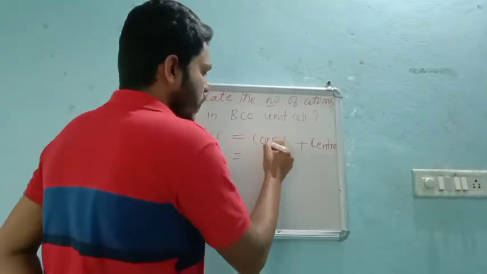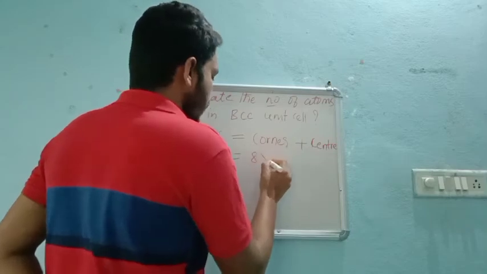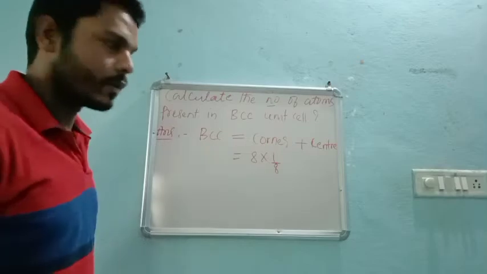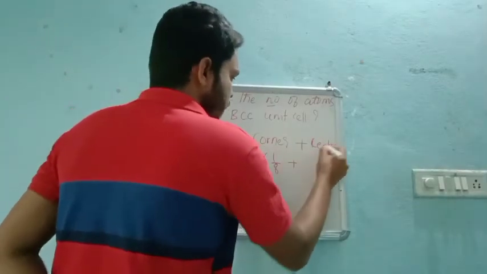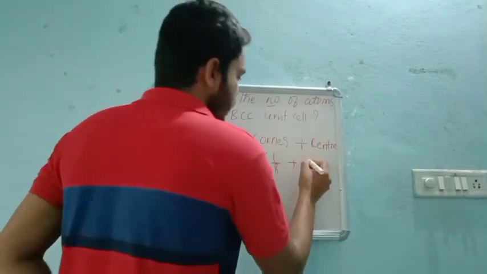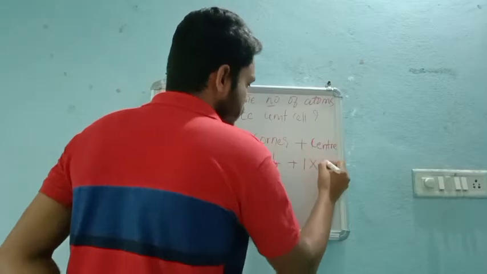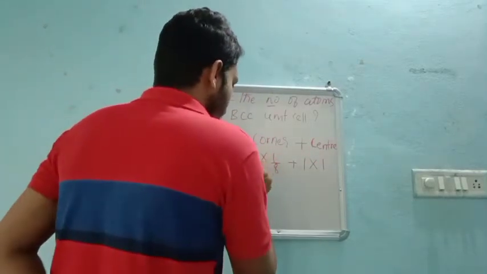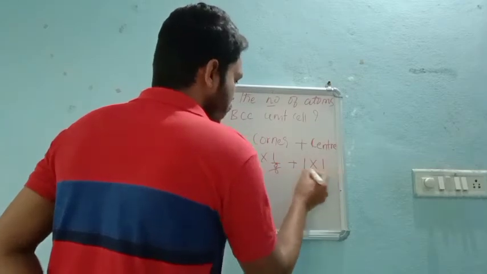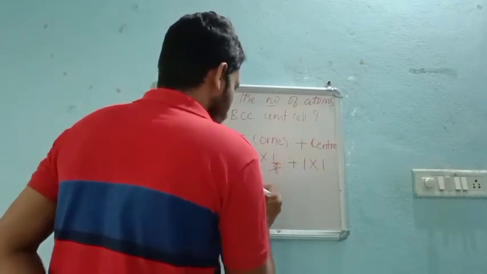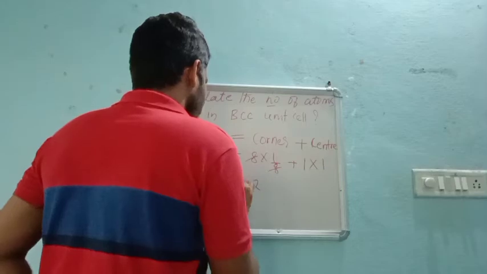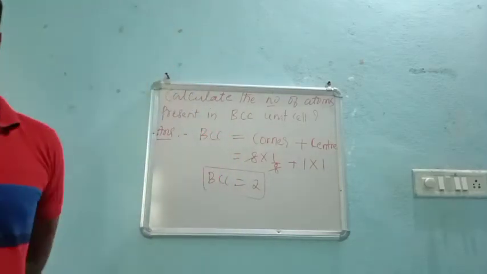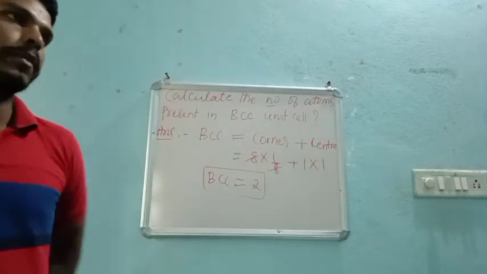We know the number of corners is 8, and the contribution is 1 by 8, plus center. How many centers are there? One center, whose contribution is always 1 only. Here 8 gets cancelled: 1 plus 1. In BCC we have how many atoms? 2 atoms. Very simple it is.